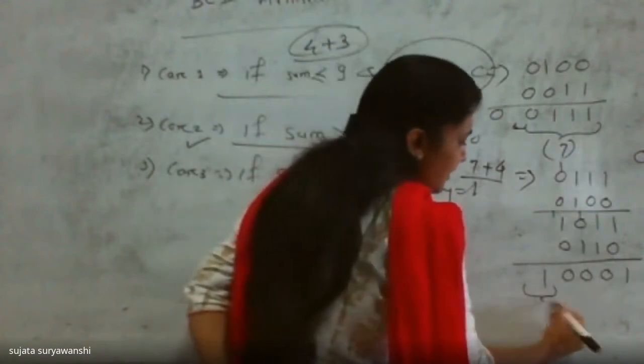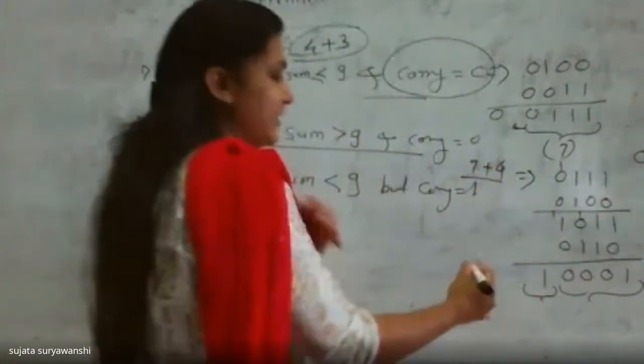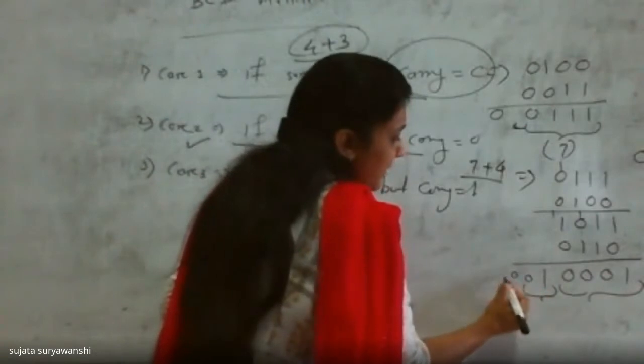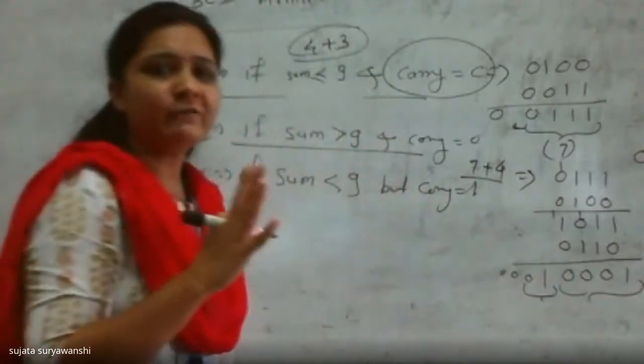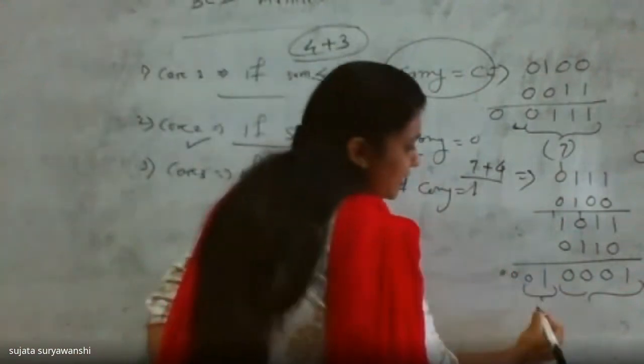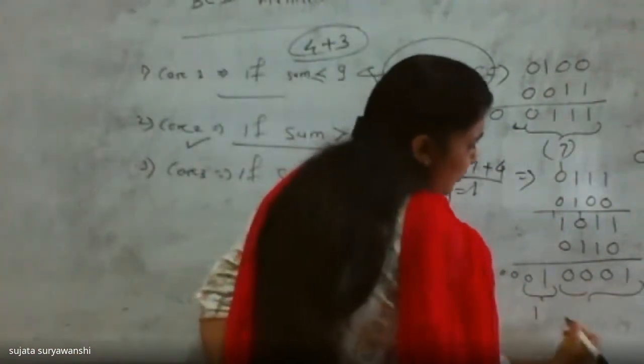Now what is your result? Here 1, you have to append 3 more zeros before 1 to get a group of 4-bit binary. So here 1 and 0001 means 1.